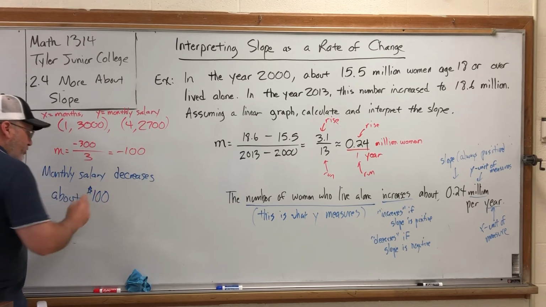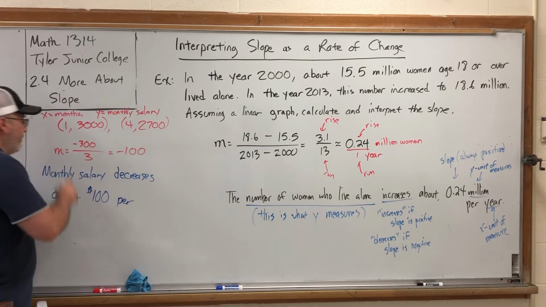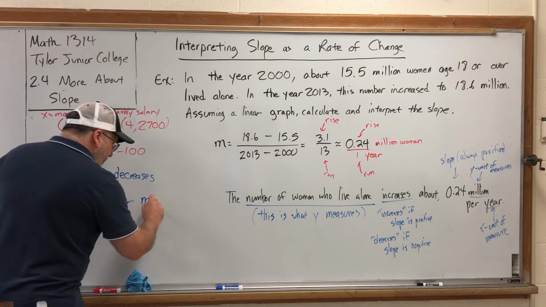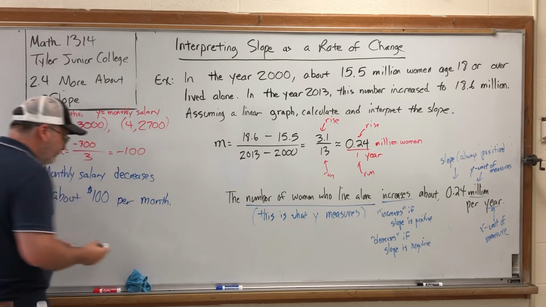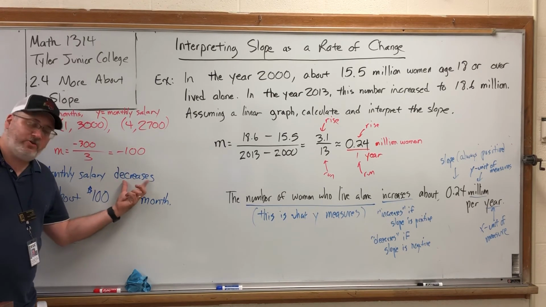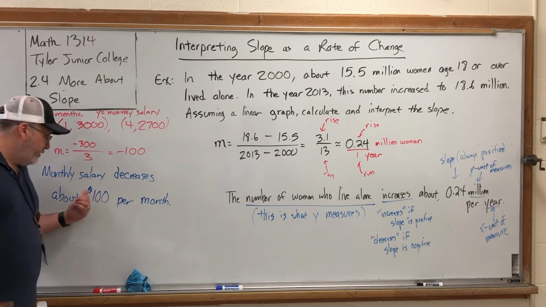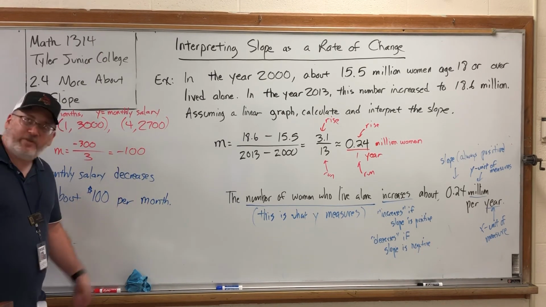Monthly salary is measured in dollars per whatever the x is measuring, month. So pretty cut and dry. What's my y measuring? Is my slope increasing or decreasing? What is my slope, positively? Unit of measurement for the y per unit of measurement for the x.